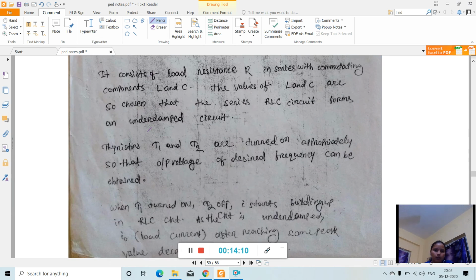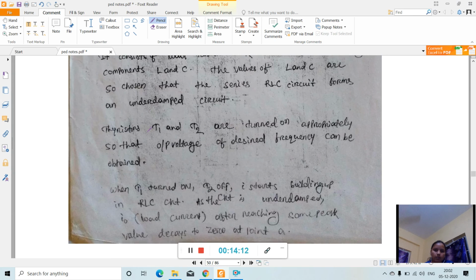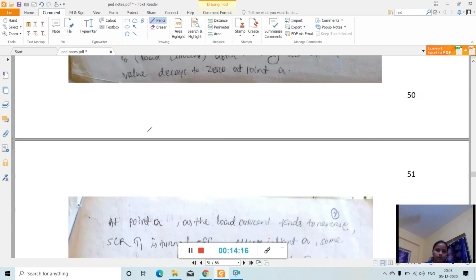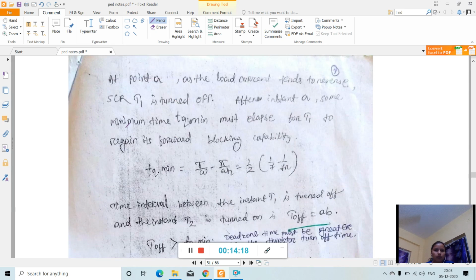See, these are the operations which I discussed. At point A, as the load current tends to reverse, SCR T1 is turned off. After instant A, some minimum time TQ must elapse for T1 to regain its forward blocking capability.